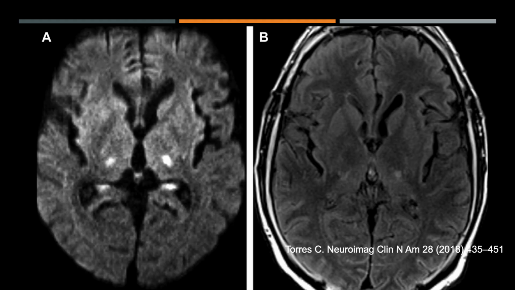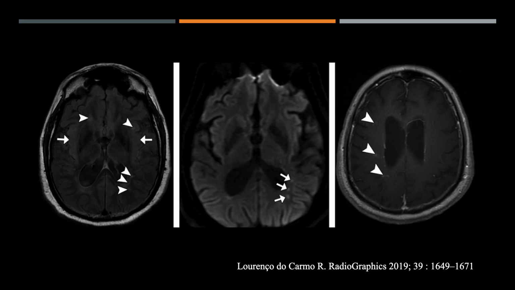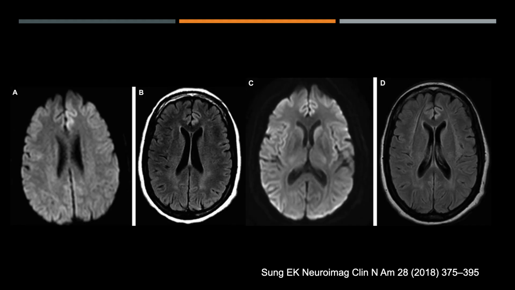From time to time, we have outbreaks of West Nile encephalitis in Dallas. This is Japanese encephalitis, same sort of pattern. These patients are quite sick. This is tick-borne encephalitis, and in that spectrum, we're going to see the same sort of findings.